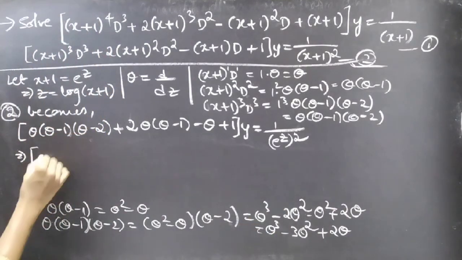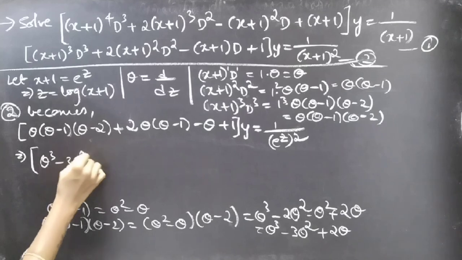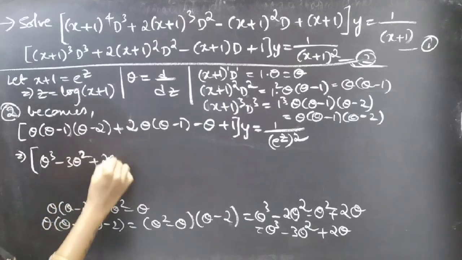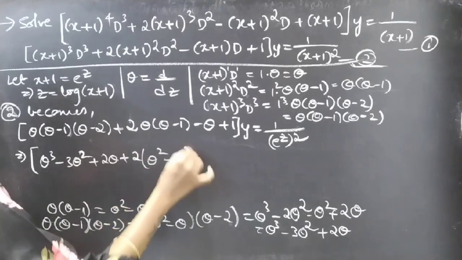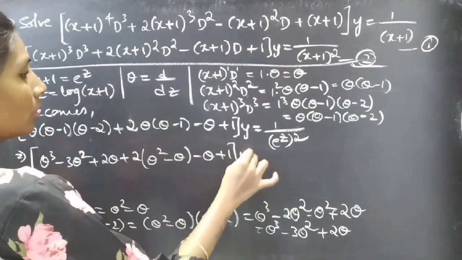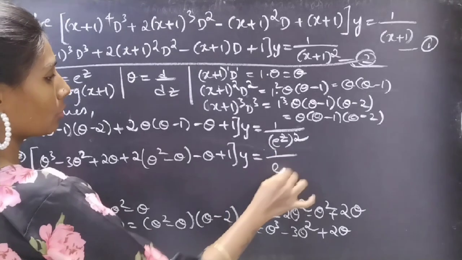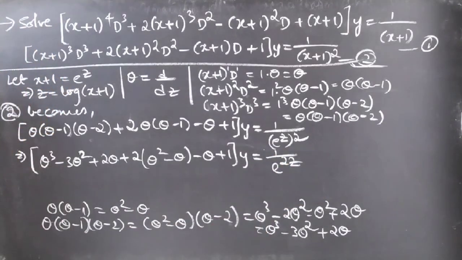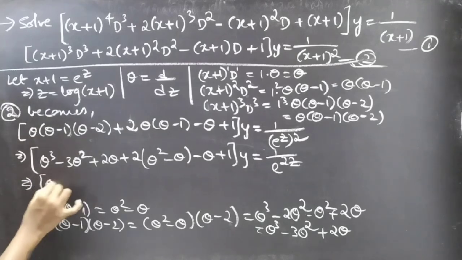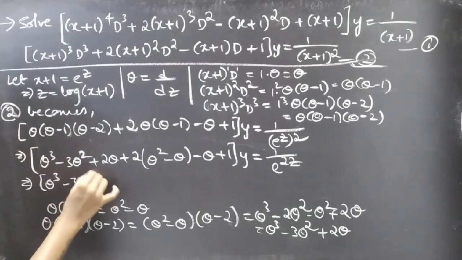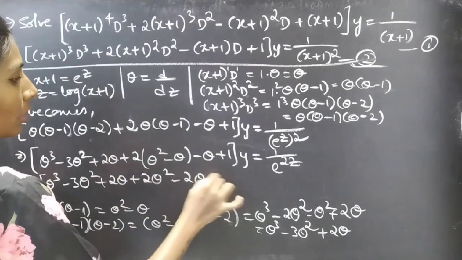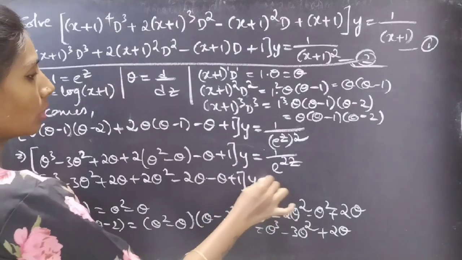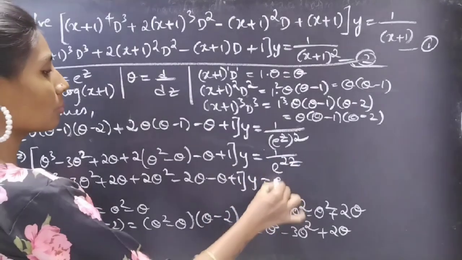Let's replace this by theta cube minus 3 theta square plus 2 theta plus 2 times theta into theta minus 1, which is theta square minus theta, plus 1 into y equal to 1 by e power 2z. This gives us theta cube minus 3 theta square plus 2 theta plus 2 theta square minus 2 theta minus theta plus 1 into y equal to the reciprocal of e power 2z, which is e power minus 2z.